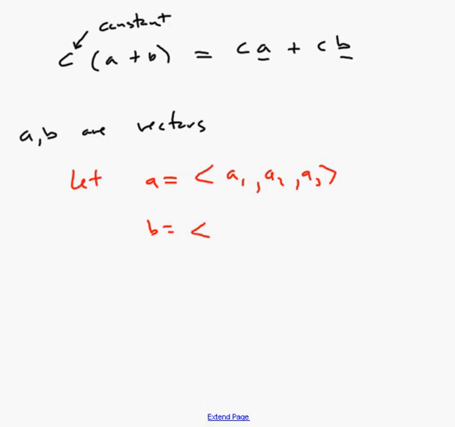And then we're going to say B is this vector, B1, B2, B3. Okay? And I guess what we're going to do is we'll start with one side of this expression. We'll start with this side, and we'll keep working with it until it looks like the other side.